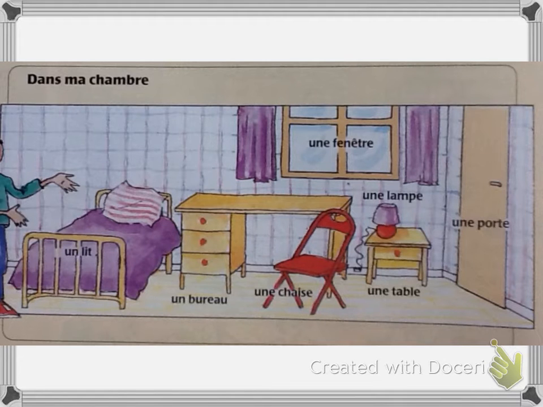The next little bit of vocabulary is dans ma chambre. Again, we're talking about bedroom. Un lit, right? You should be able to tell from the picture that that's a bed. Un bureau, that's referring to this. So that's a desk.